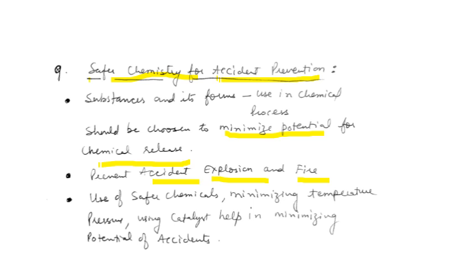Use safer chemicals, minimize the temperature and pressure, and use a catalyst. If we do all these step by step, minimizing the energy, temperature or pressure using the catalyst, it should help in minimizing the potential of accidents.